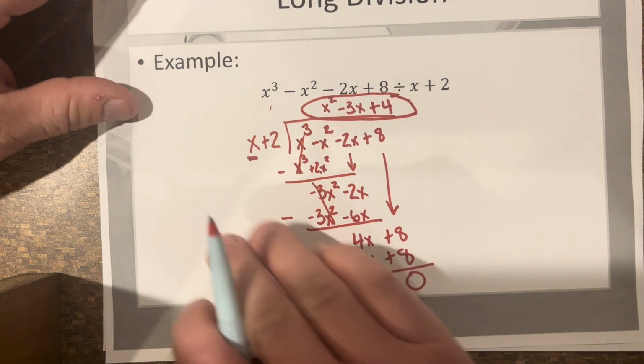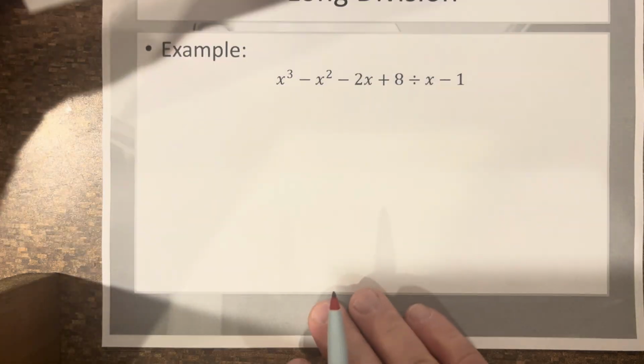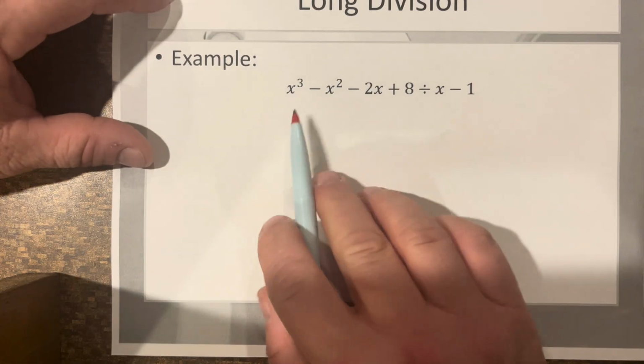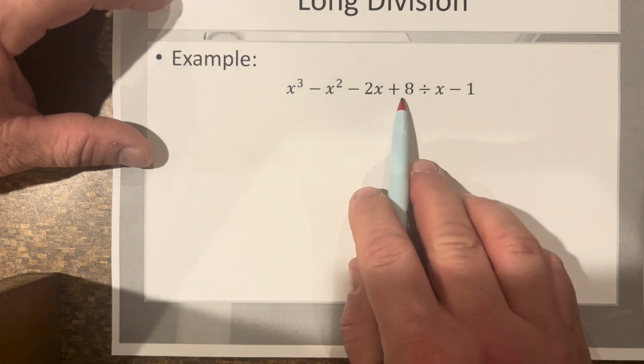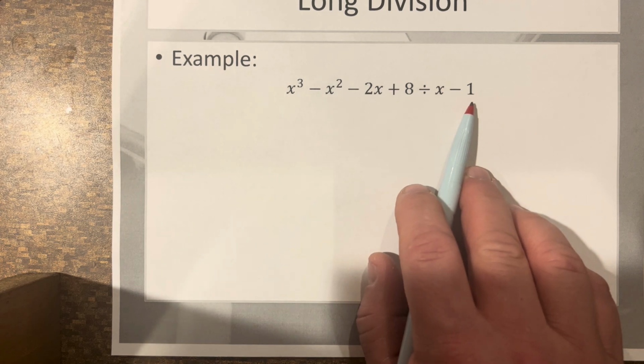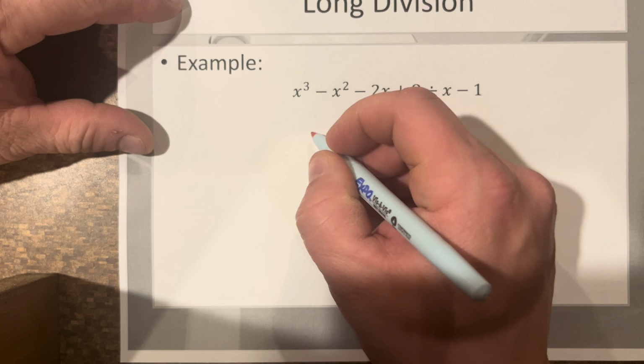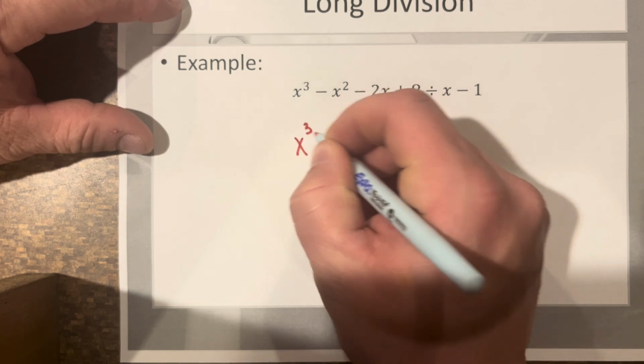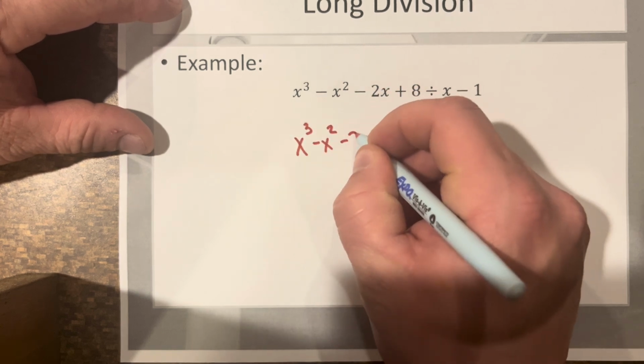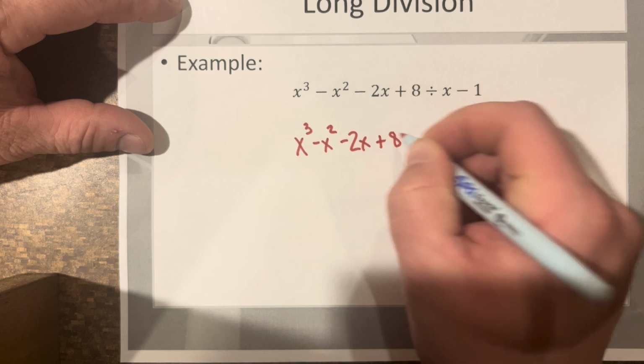Let's do another example. Here we have this expression, and now we're dividing by x minus 1. Same type of thing. We'd go x to the third minus x squared minus 2x plus 8.